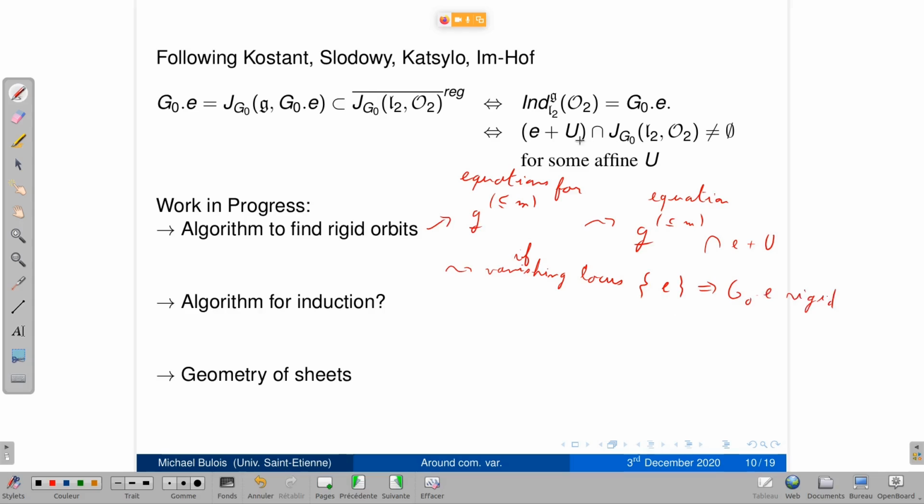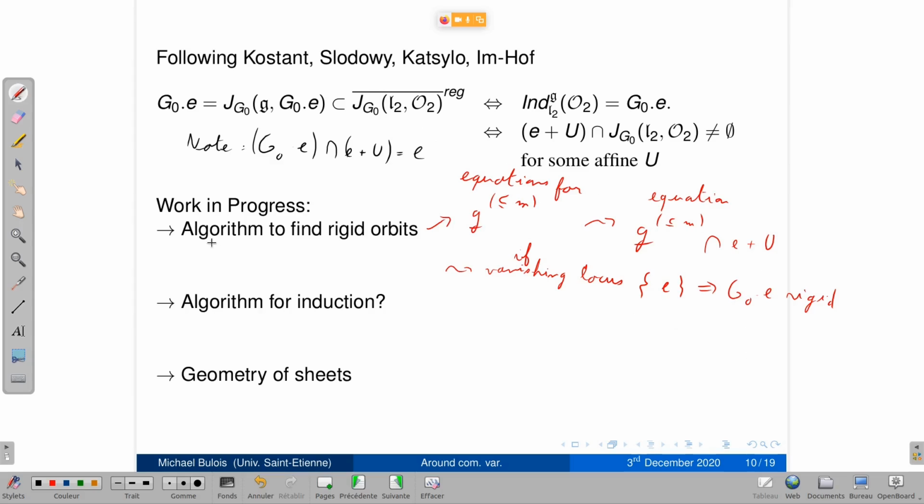What I should have specified here is that the interest of looking at such an affine slice is that the G-orbit of E intersects this slice only at E. So you mod out all the orbit part and you have something of much smaller dimension, and so equations, which can be quite nasty at the level of the whole variety, are much easier at this level.